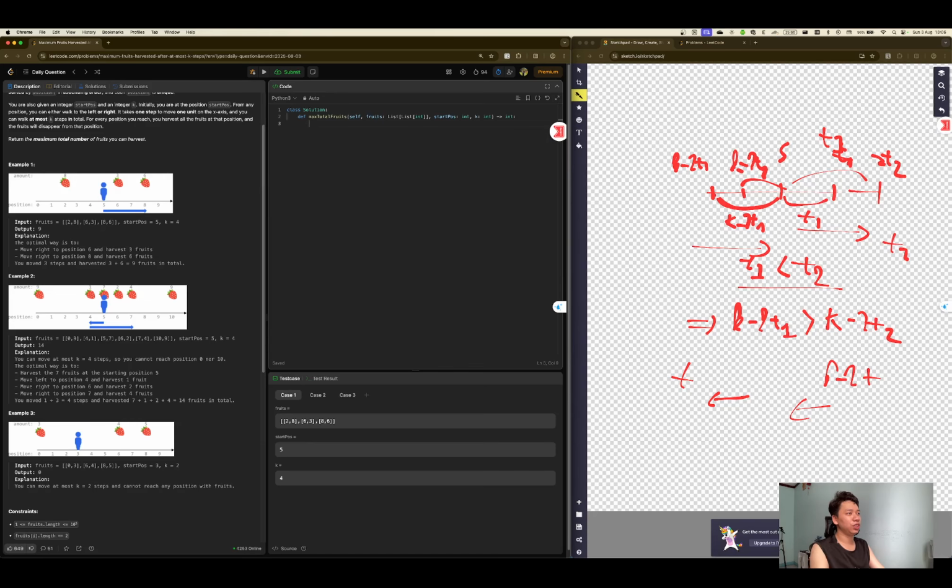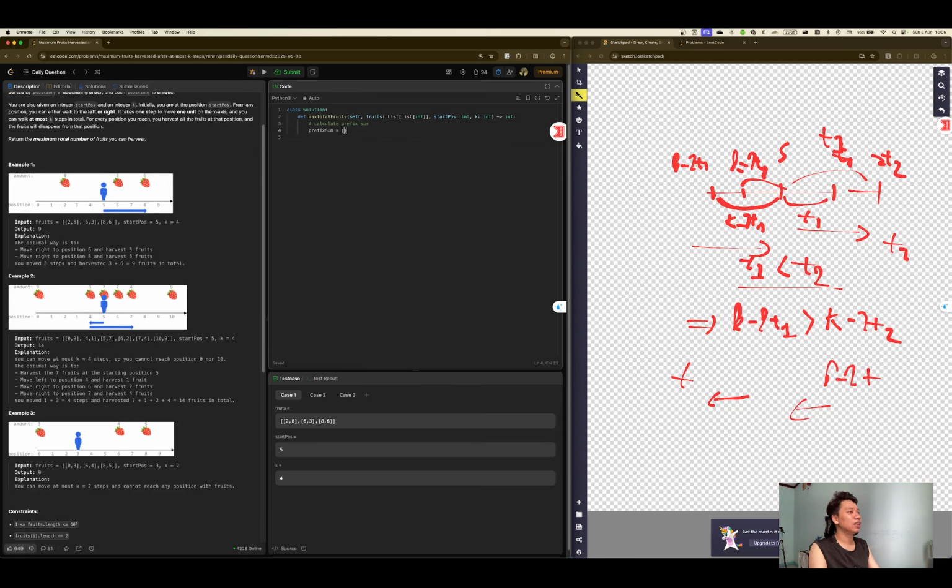All right, first we need to calculate the prefix sum. Okay, I'm going to do the prefix sum like this, and actually is there a function?